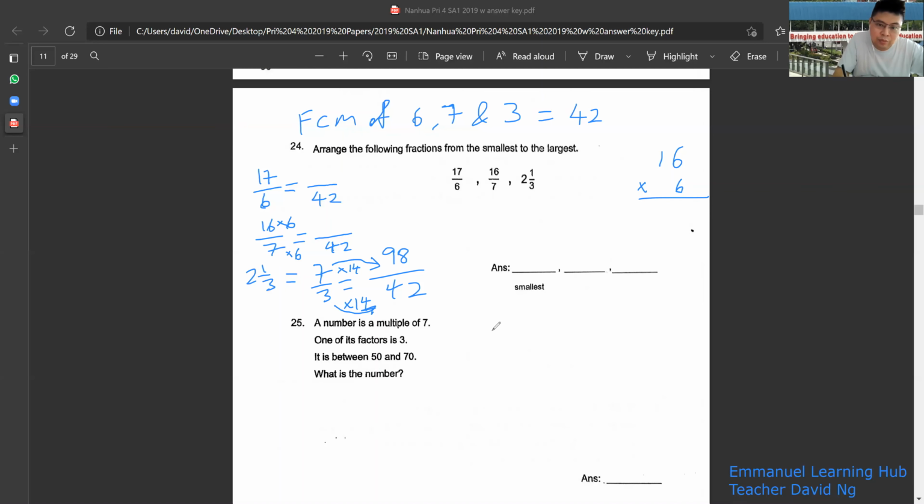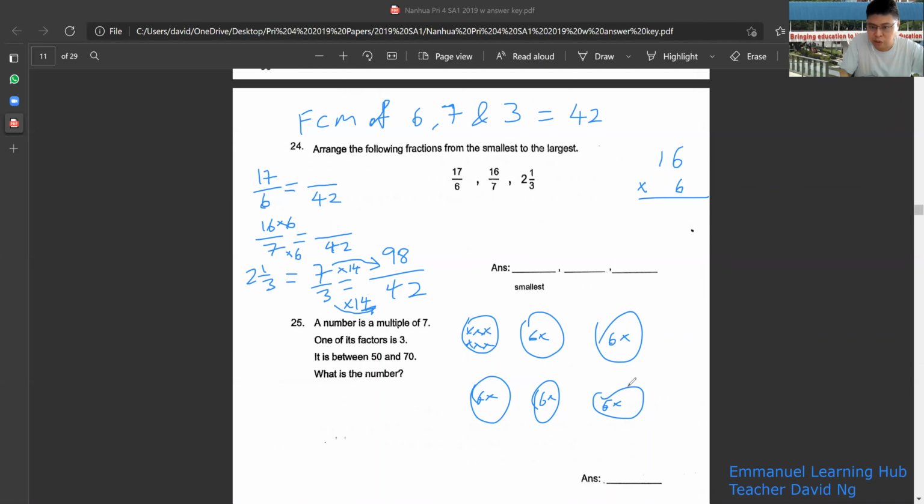20? You have 6 groups. Each group, there are 6 crosses. How many crosses are there?